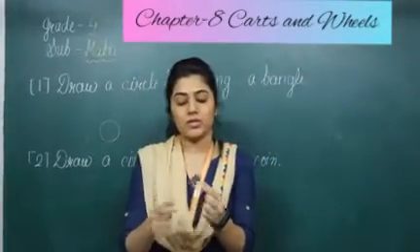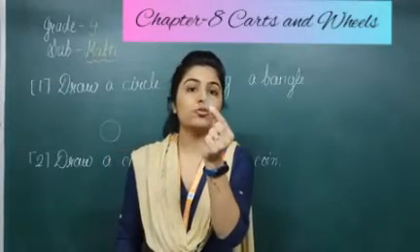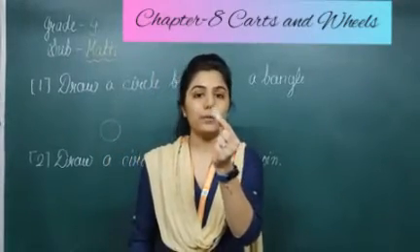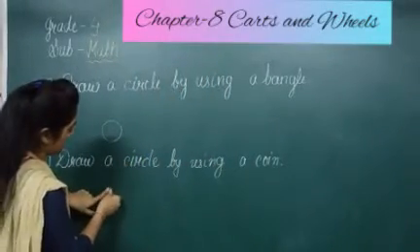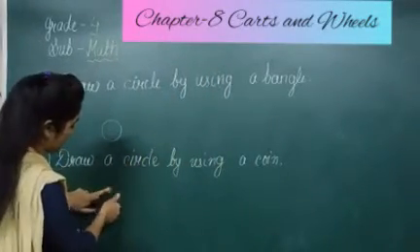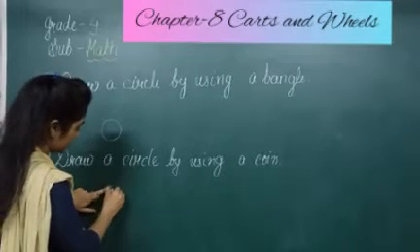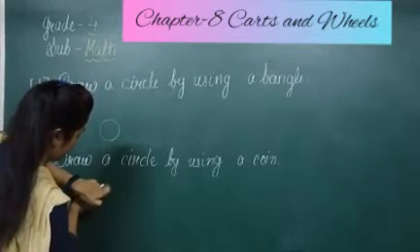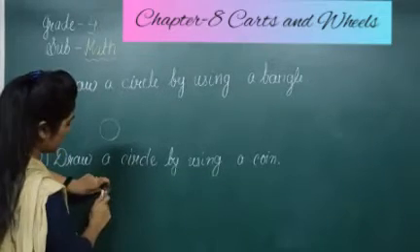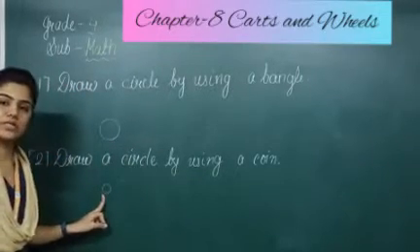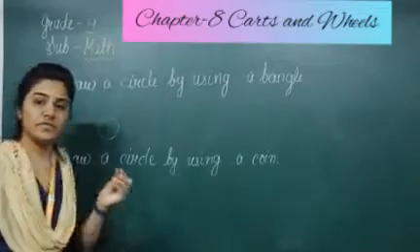I have a 10 rupees coin, right? With the help of this coin, I am drawing on the board. Okay, it looks very small. See, you can see I have drawn this small circle with the help of this coin.